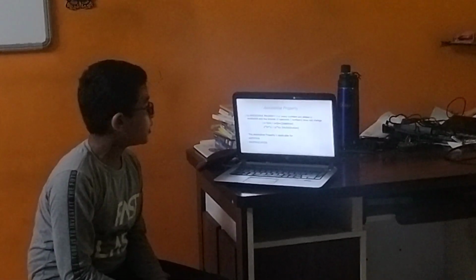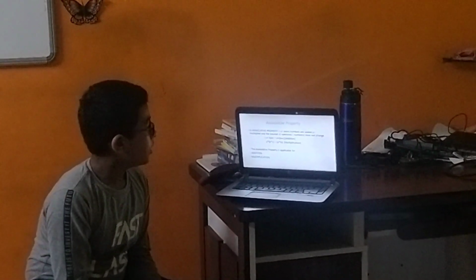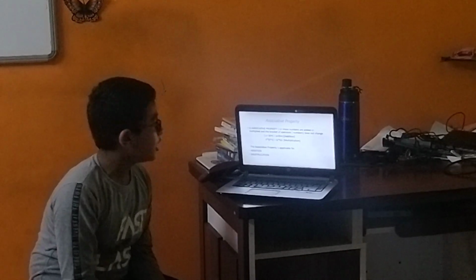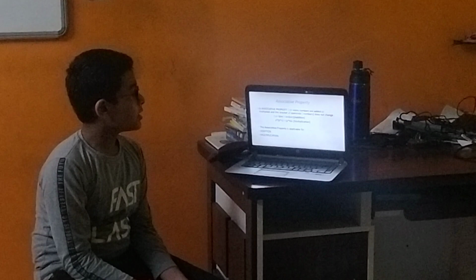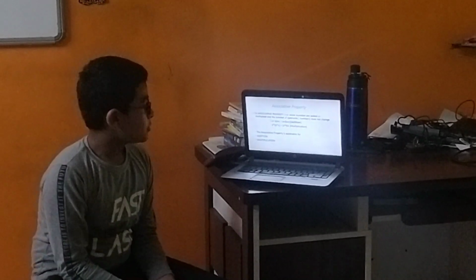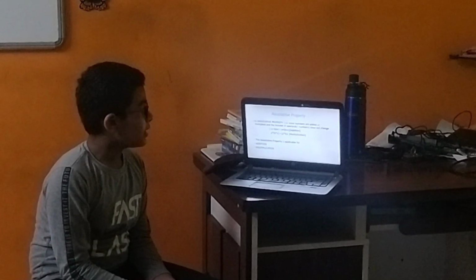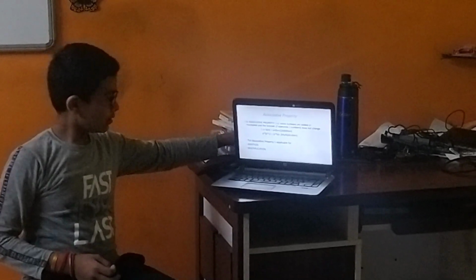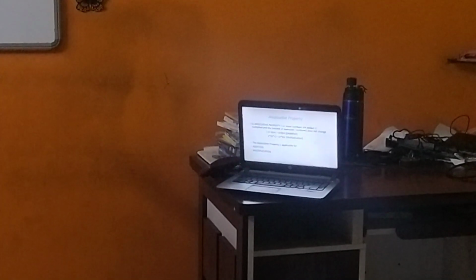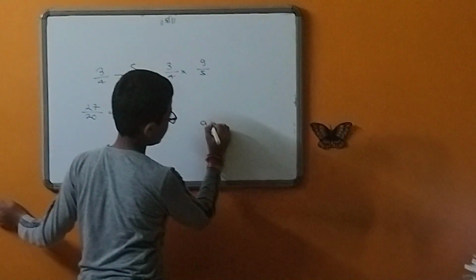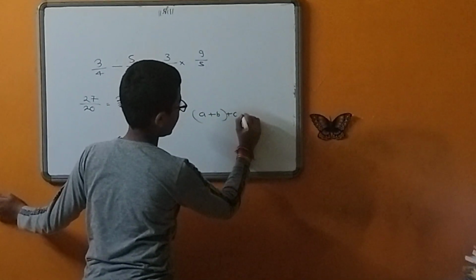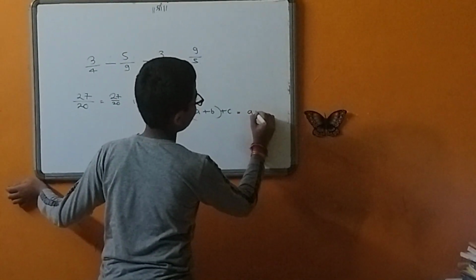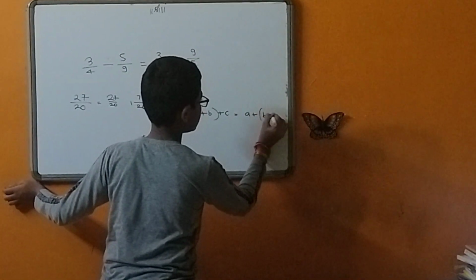Now we will see about the properties of rational numbers. Associative property. When three or more numbers are added or multiplied, the bracket of the operands does not change. Means (a + b) + c is equal to a + (b + c).